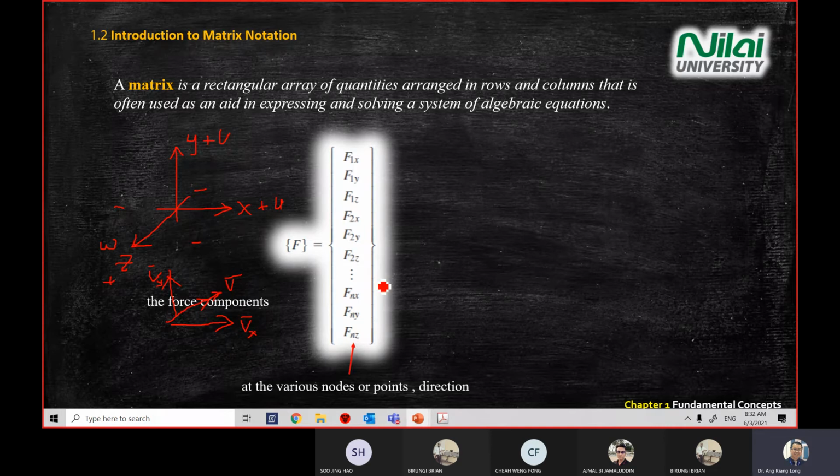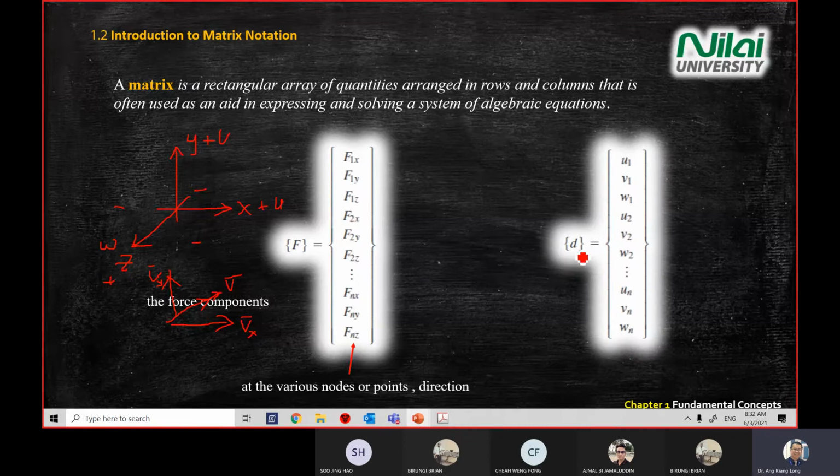For this FEM module, you will look at force. Another one we call displacement. Nodal displacement means a node, a point displacement. So just now the technical word was discretization. The second technical word for today is matrix. And to expand a little bit about matrix, you deal with force and displacement for this module.